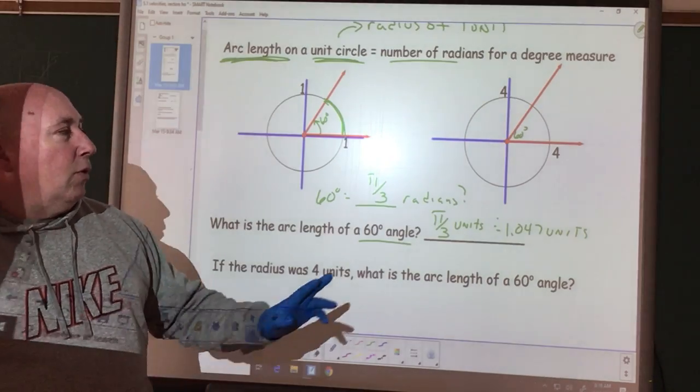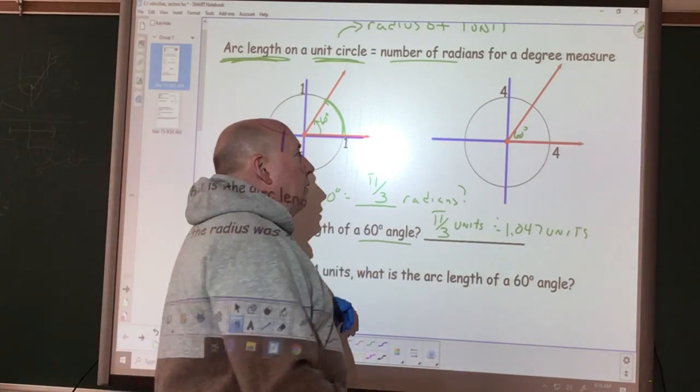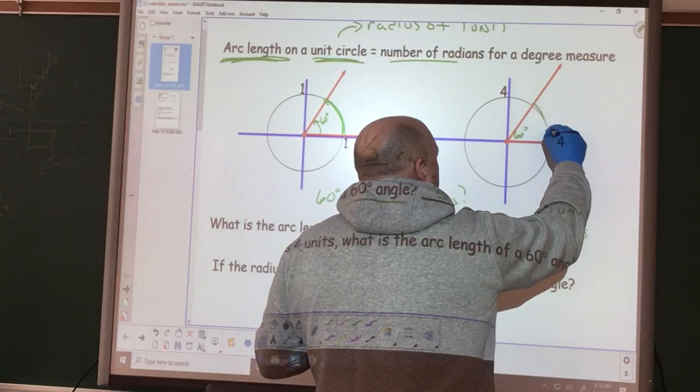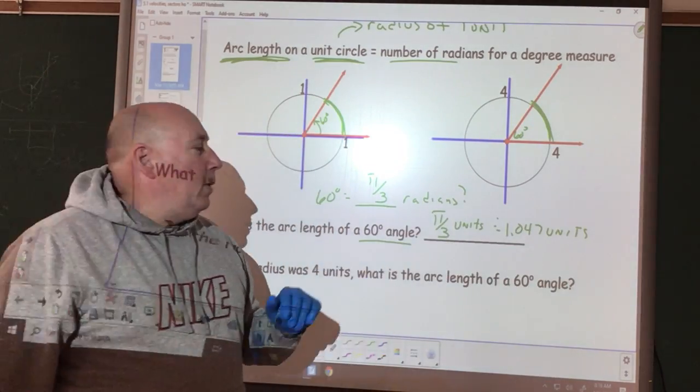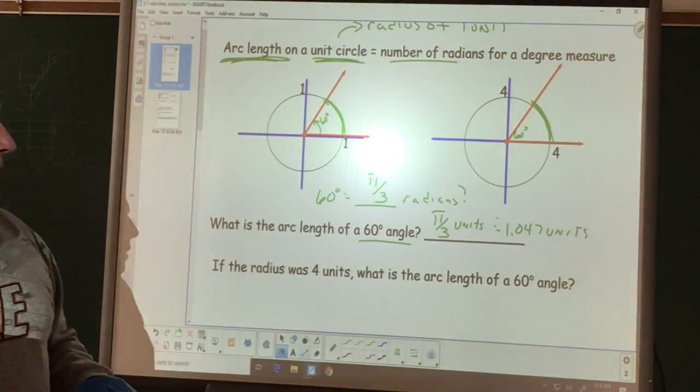Rotate it 60 degrees. We want to find what this arc length is now. What will be that arc length for 60 degrees?